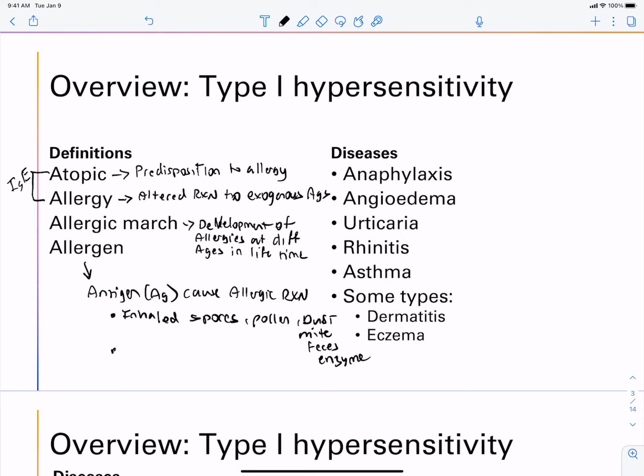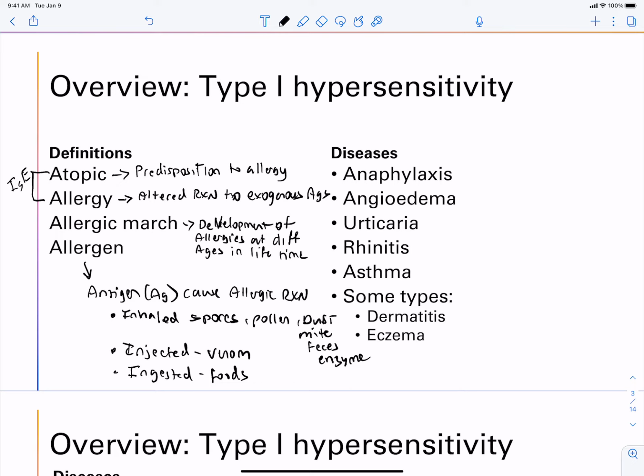Or it can be injected, such as venom. You could also say it could be ingested, such as foods.